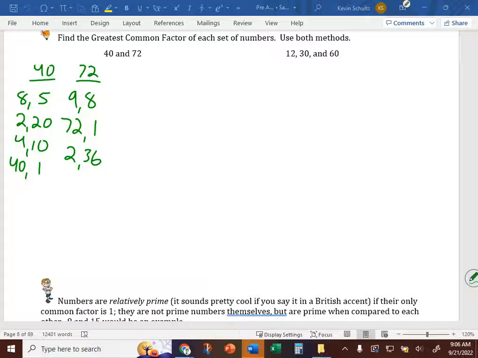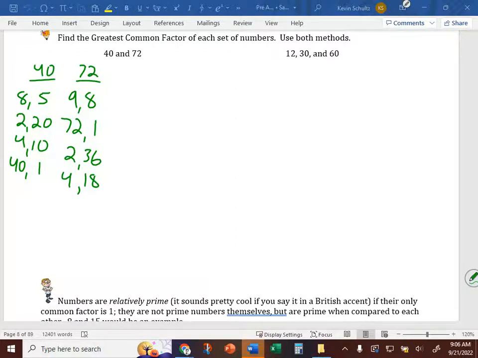So if we take half of 36, what do we get? 18. If we double 2, what do we get? Double means to multiply by 2. 4. 4 and 18 is another factor pair. Isn't that nifty? We took half of one factor, doubled the other, and got another factor pair.